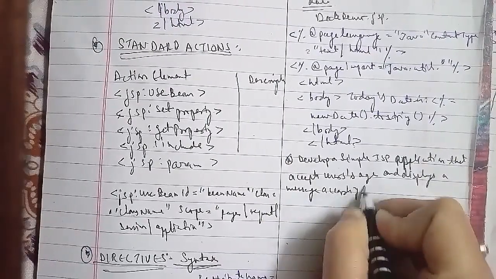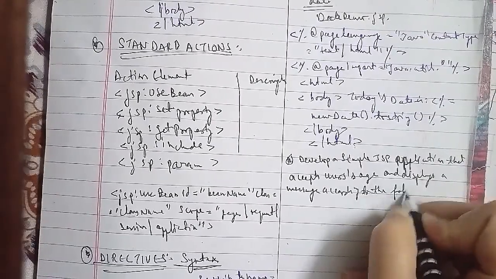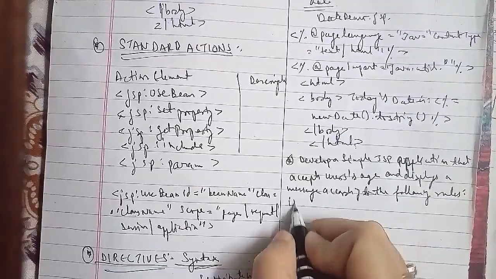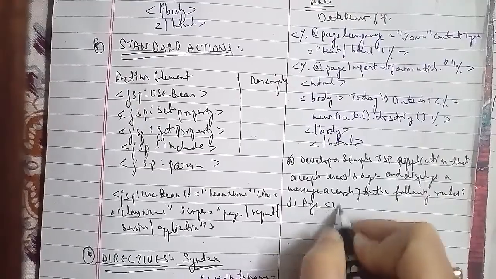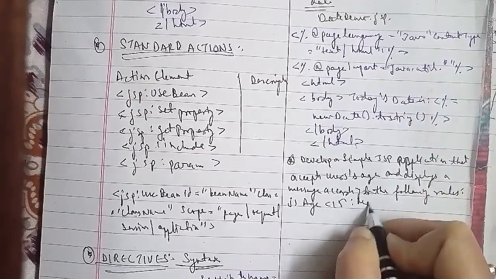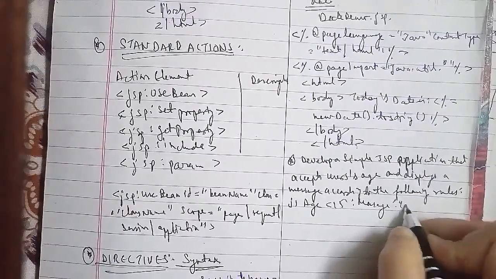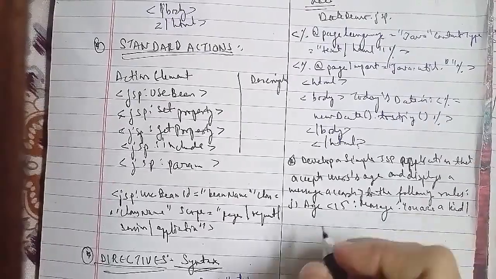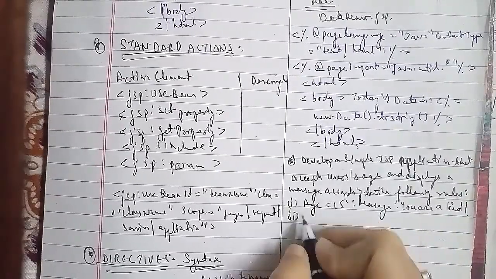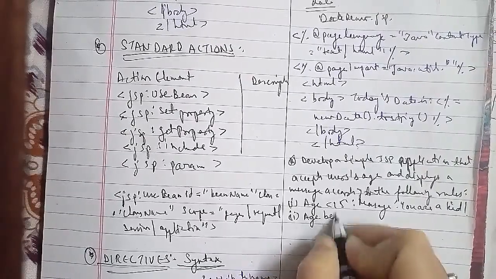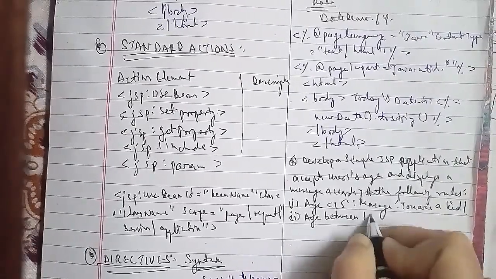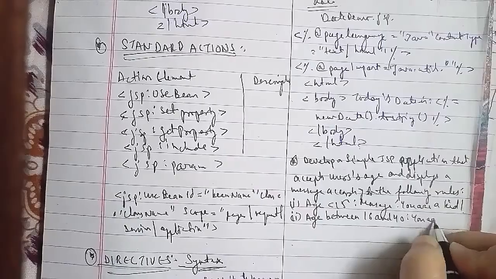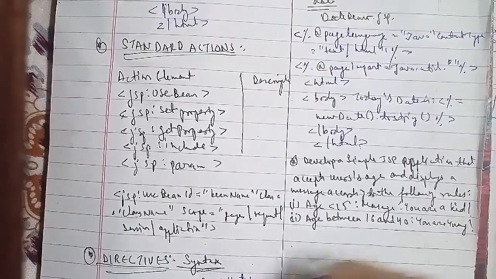First, age less than 15, message: you are a kid; age between 16 and 40, you are young; age above 40, you are old.